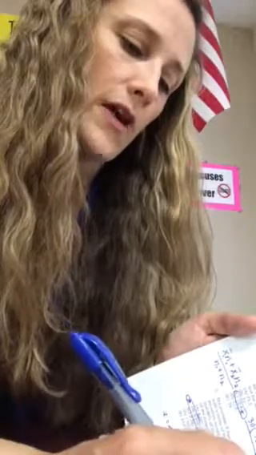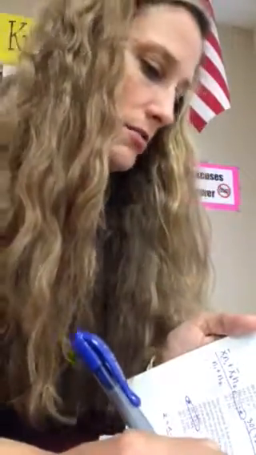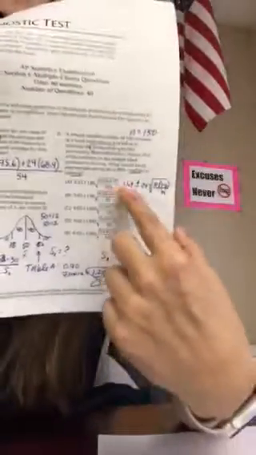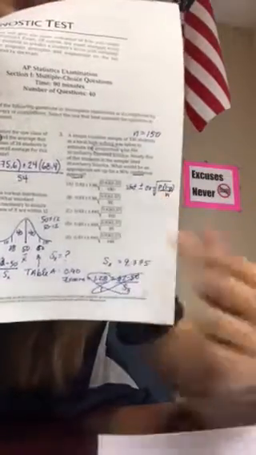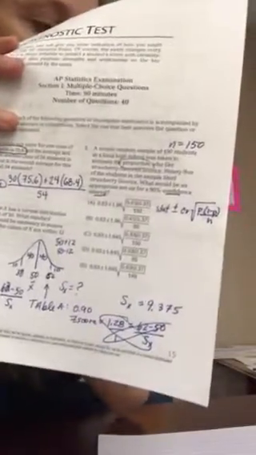Looking up my formula sheet, the formula is the statistic plus or minus the critical value times the standard deviation of the statistic, which is the square root of p times 1 minus p over n. That should be pretty easy because I can eliminate a lot of these right off the bat.